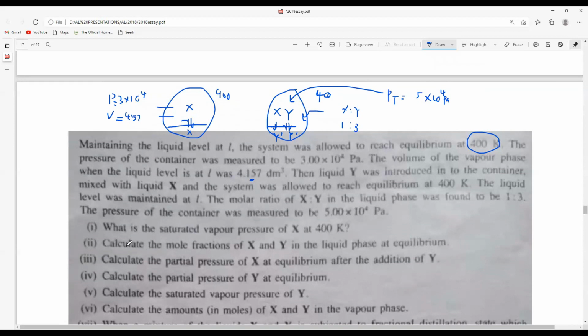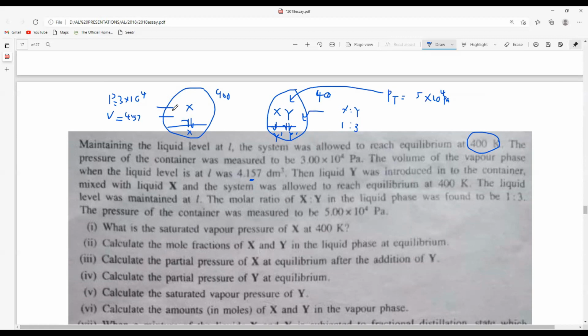So there are questions. What is the saturated vapor pressure of X at 400 Kelvin? So what do you think? You see here, initially there was only X, right? So X will be in its liquid state, and in the liquid there is only X, so there will be no other component.